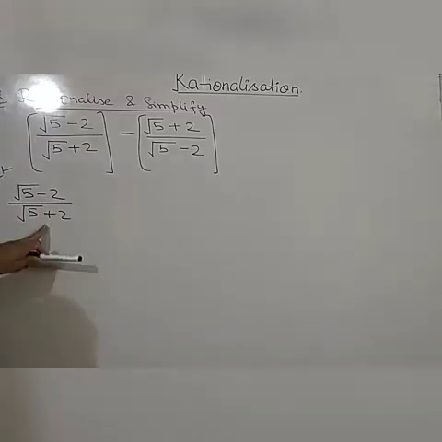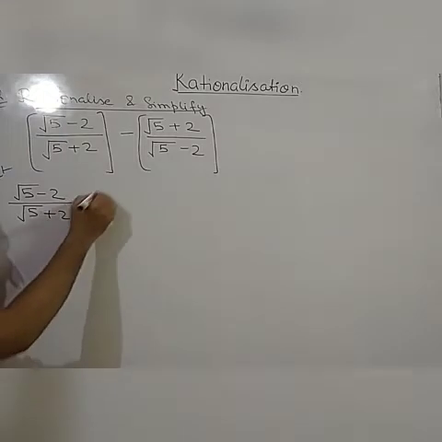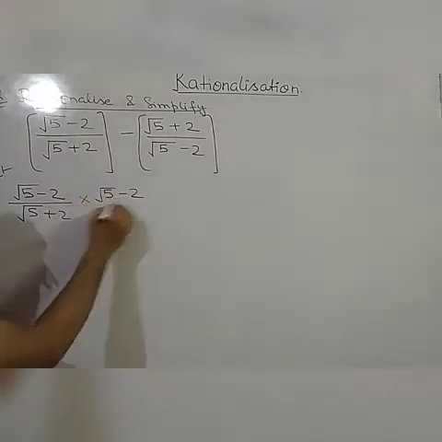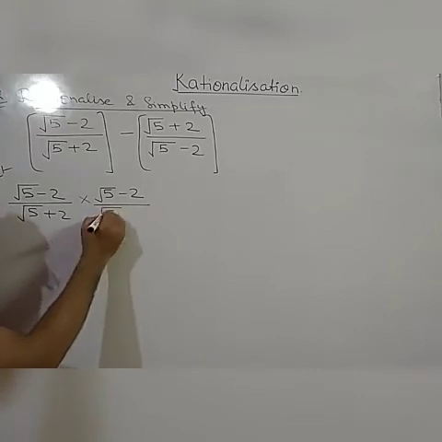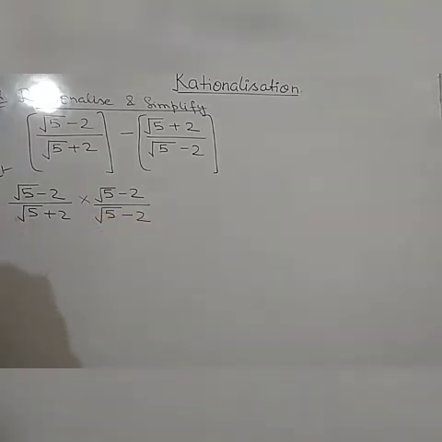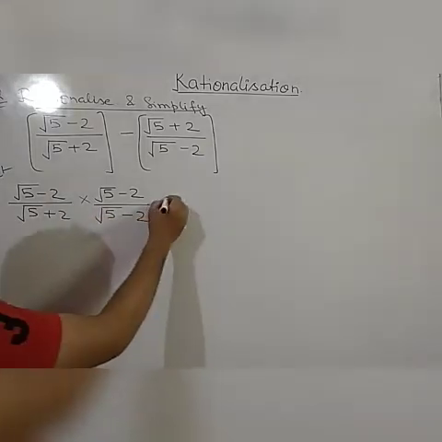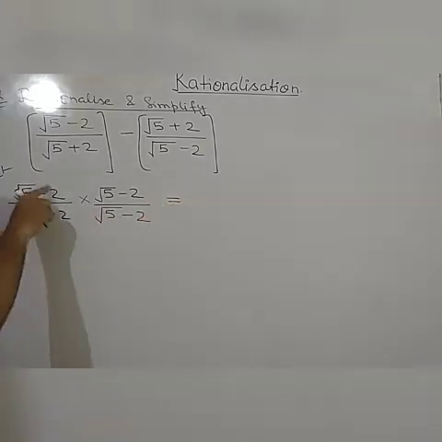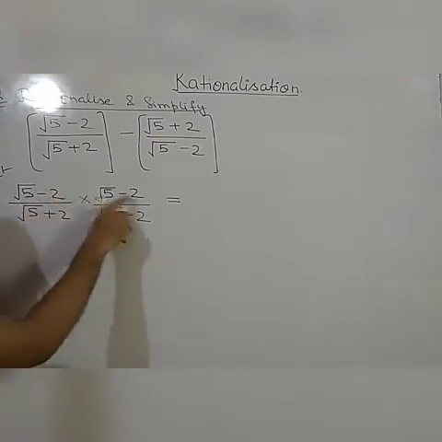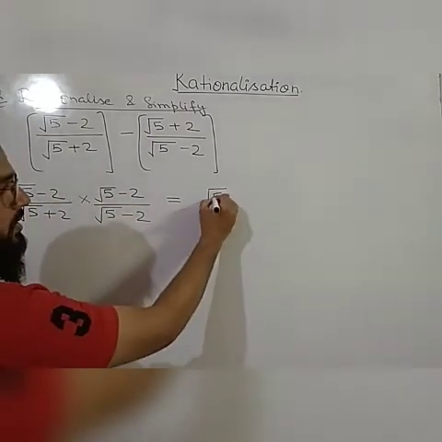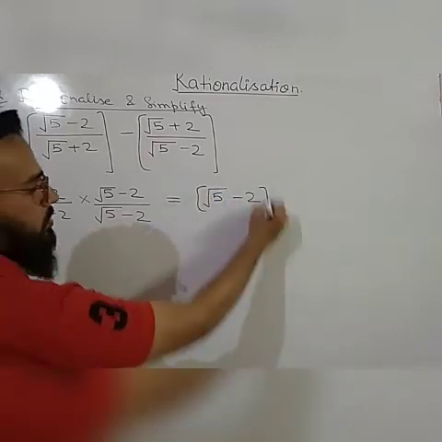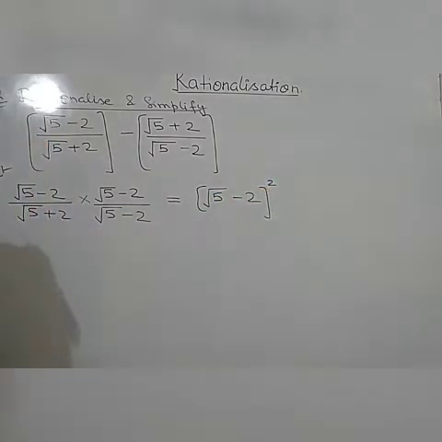What is the rationalization fraction? We have discussed in earlier classes that the middle sign should be changed. So it will be multiplied by root 5 minus 2 upon root 5 minus 2. In the numerator, a minus b and a minus b can be written as a minus b whole square, that is root 5 minus 2 whole square.